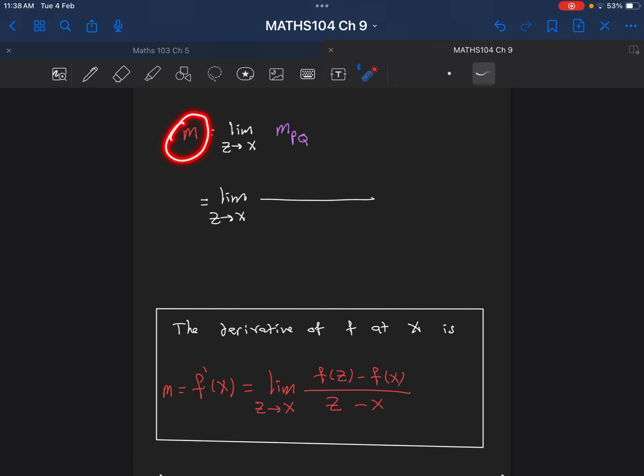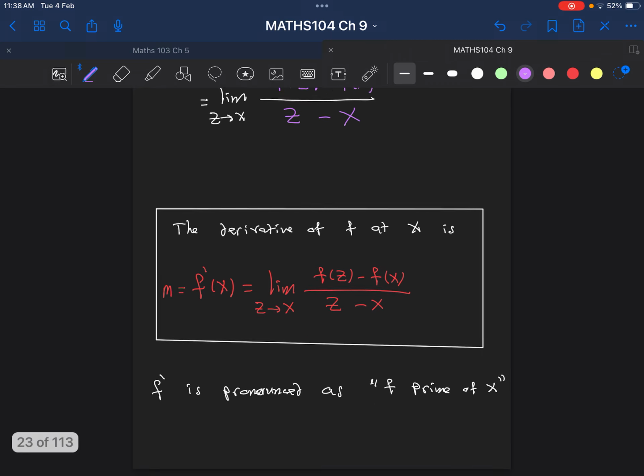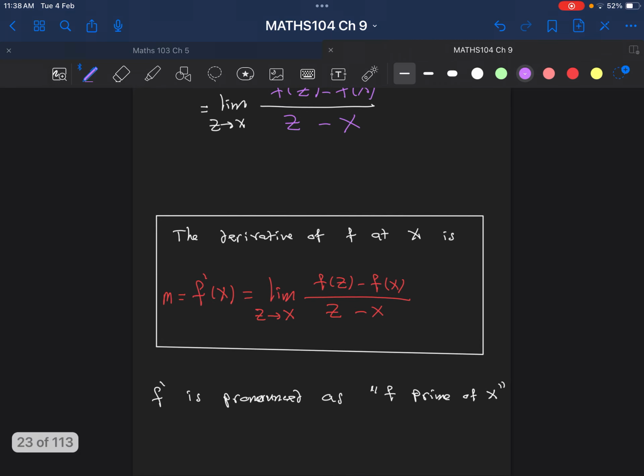That means my tangent line, the one in red, will be just the limit as z goes to x of, of course, this will be very easy, f of z minus f of x, y2 minus y1, over z minus x, x2 minus x1, and that's the derivative.